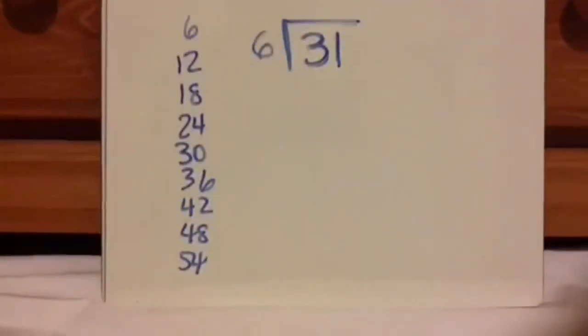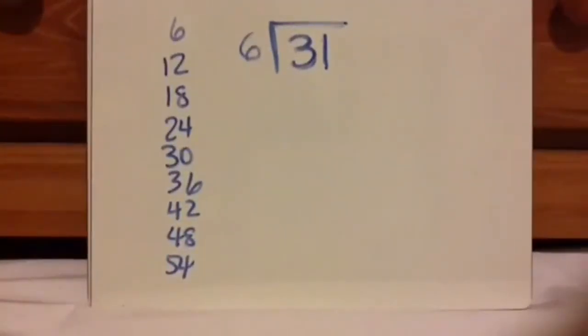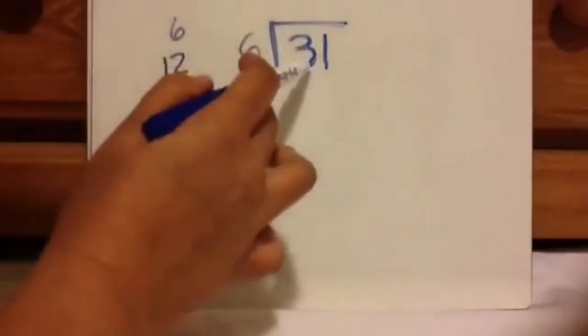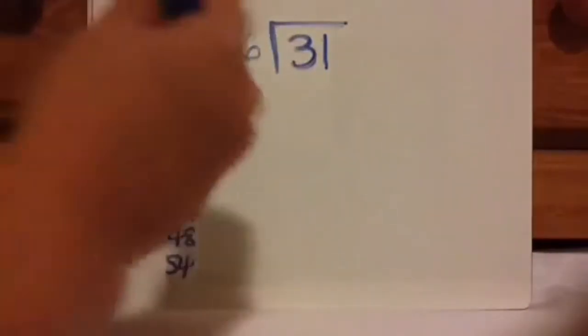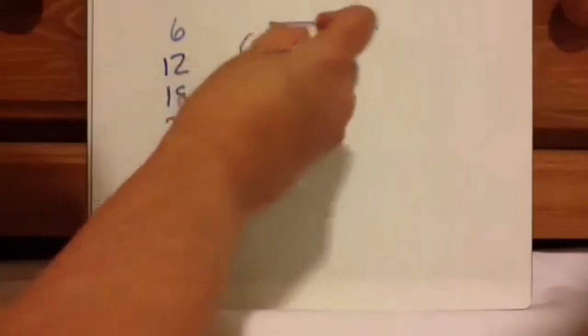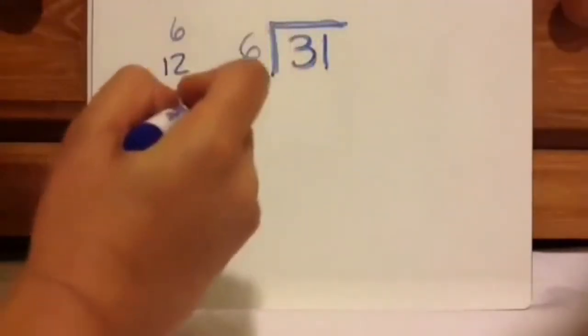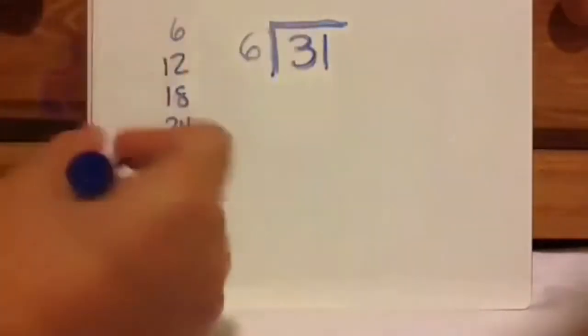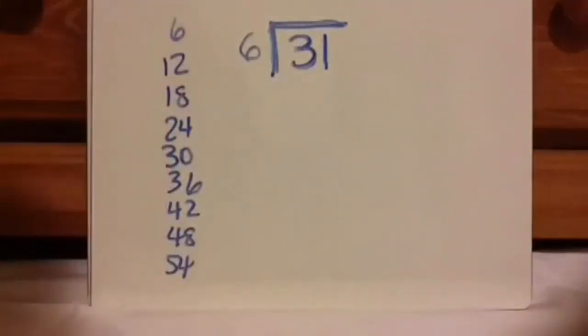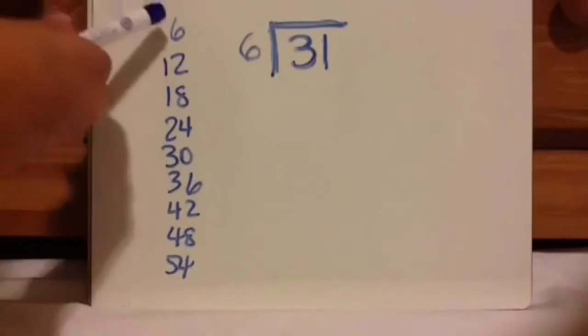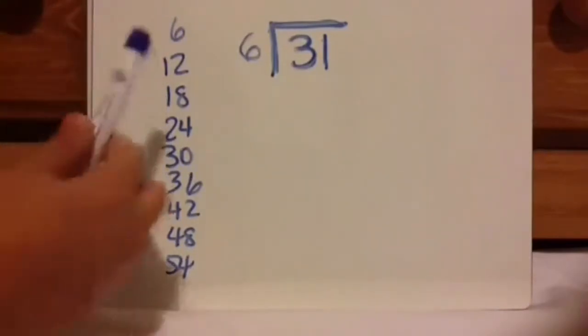Let's look at another one. 31 divided by 6. So 6 goes into 31. They're basically saying, what's the best array you can make where 6 is on one side and I want the product to be 31? So you can say, well, 1, 2, 3, 4, 5, I can make a 6 by 5.